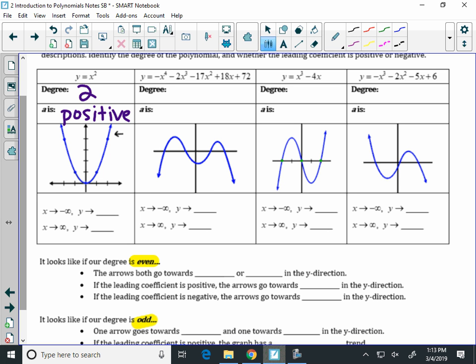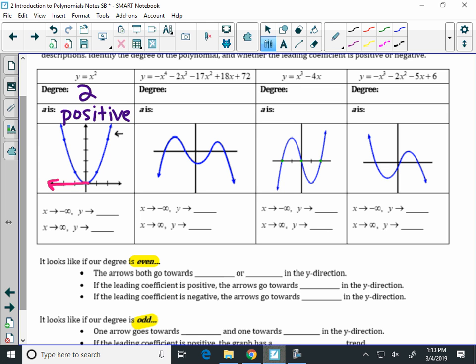Now here's how we formalize end behavior. We have these infinities and arrows. What this says is that as x approaches negative infinity, would you think that means it's going to the left or going to the right? The left. So as x goes to the left over here, where's the arrow going?